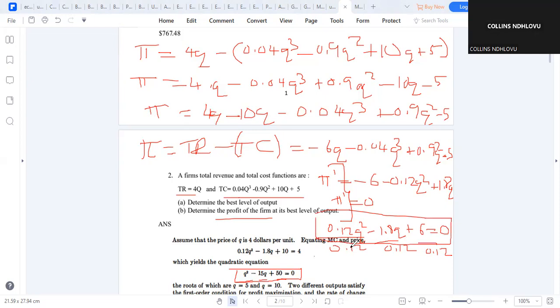You can divide by 0.12 so that you don't deal with decimals. But if you want, our a is 0.12, our b is negative 1.8, our c is 6 as it is. But there's no harm. They divided throughout by 0.12 just to have constant figures. As a quadratic equation, yes.